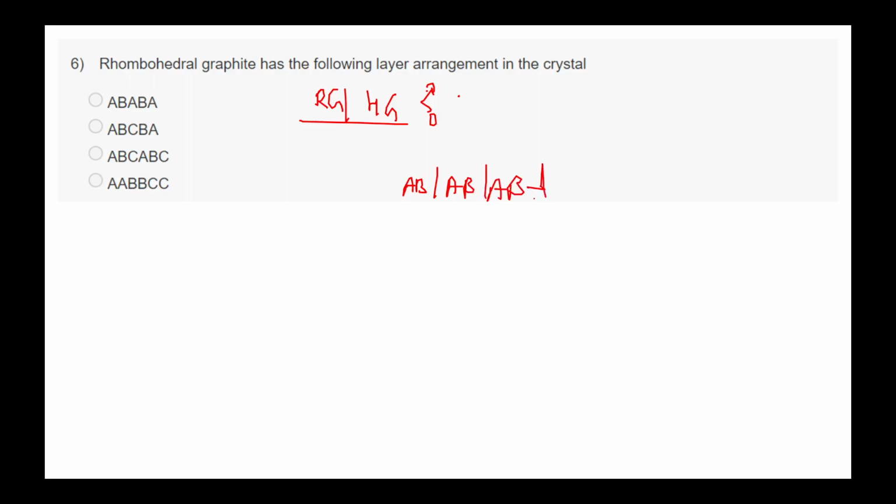This is for which, HG or RG? Sir, HG. So what will it be for the rhombohedral RG? ABCA, ABC, ABC. Yes.